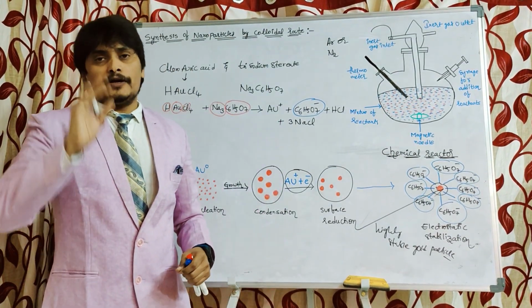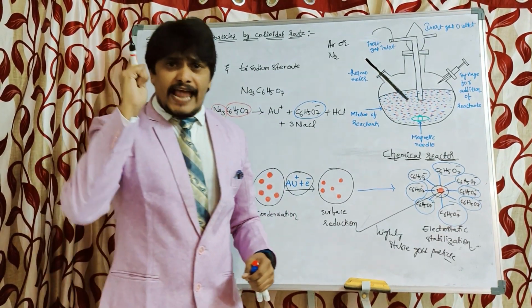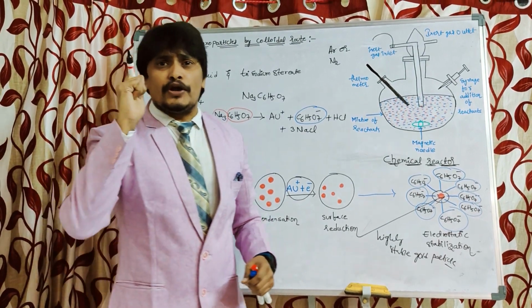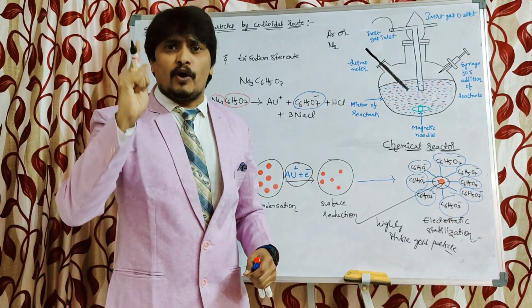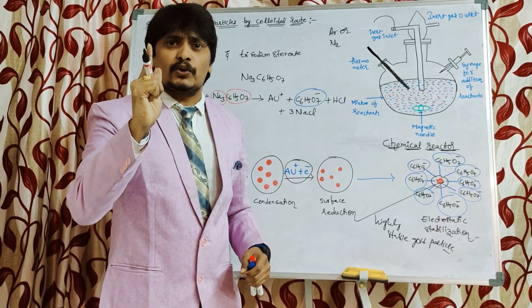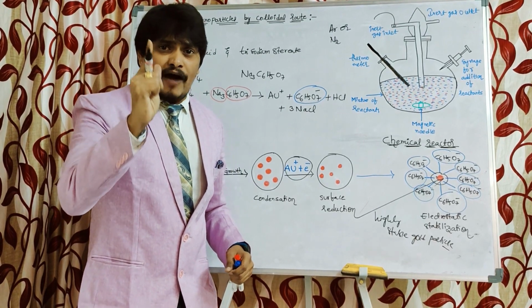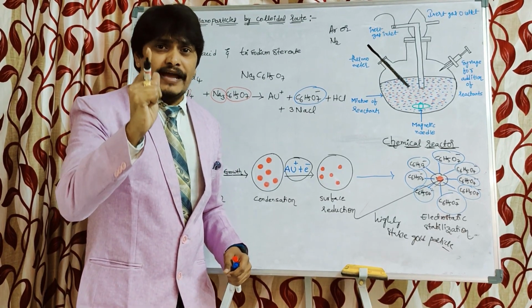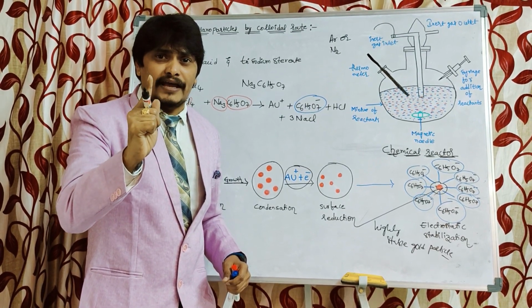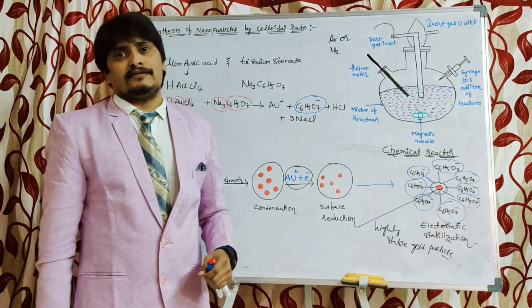So to conclude, whatever nanometals and nanoalloys are produced or synthesized by means of this colloidal route are highly stable, because the nanometal which is finally formed is stabilized by so many electrical charges.